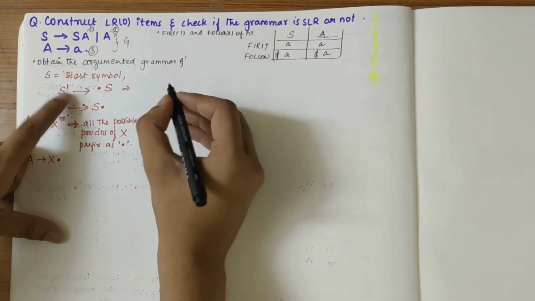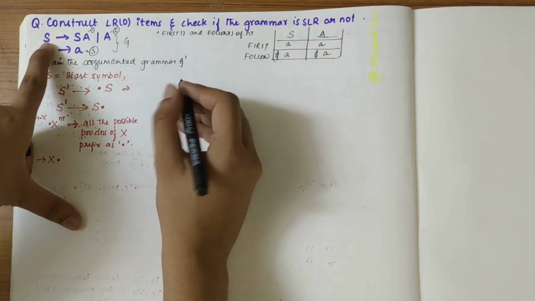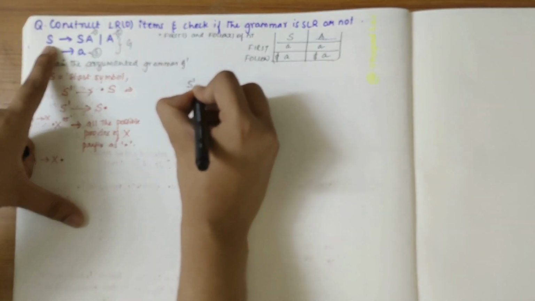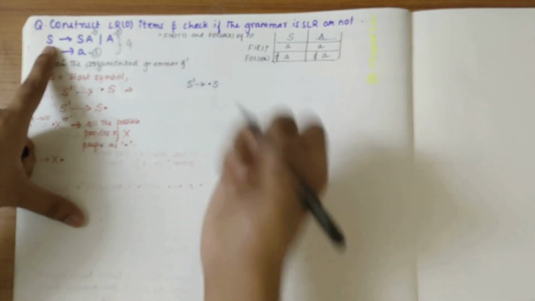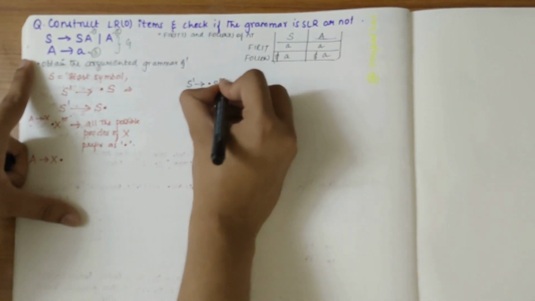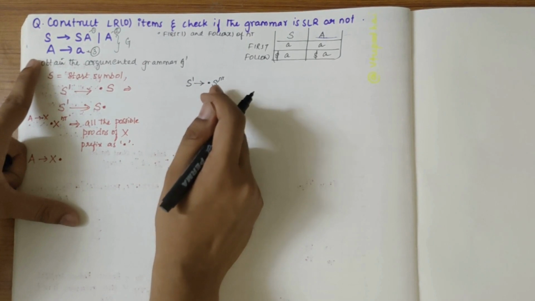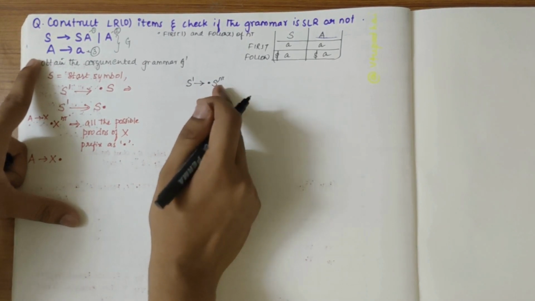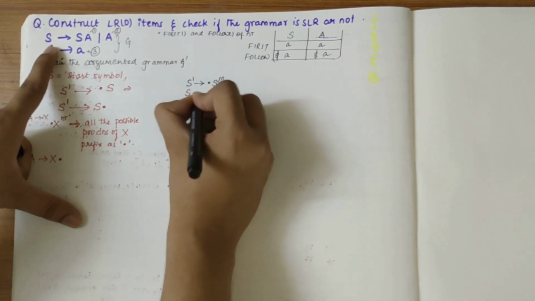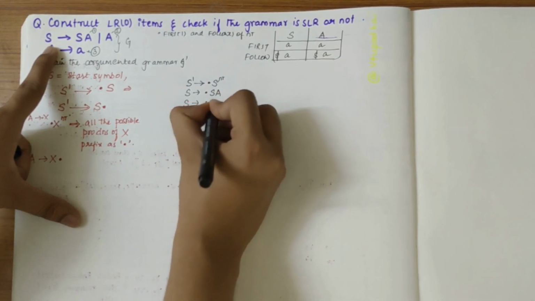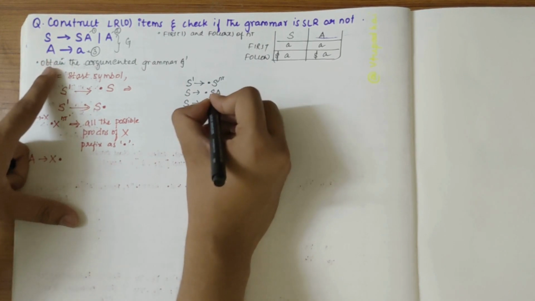First I'll start with S dash derives dot S. Here S is the start symbol, so it would be S dash derives dot S, and after the dot I have a non-terminal, that is S, so I need to write all the possible productions of S with prefix as dot. So I'll write S derives dot SA, S derives dot A, and here S is there.